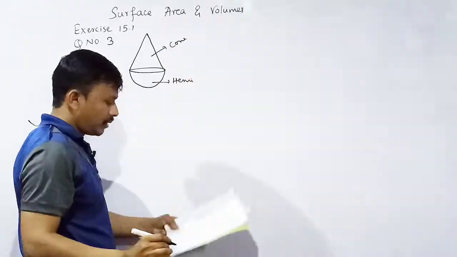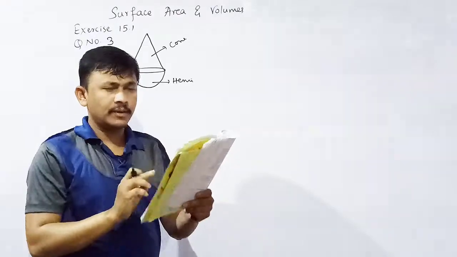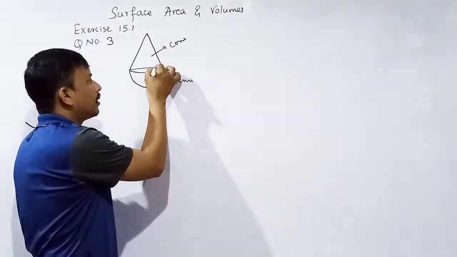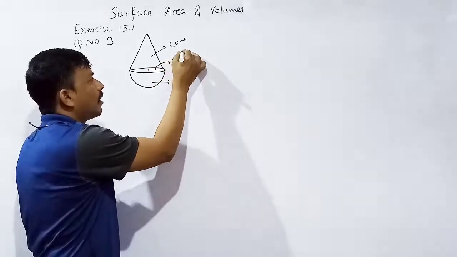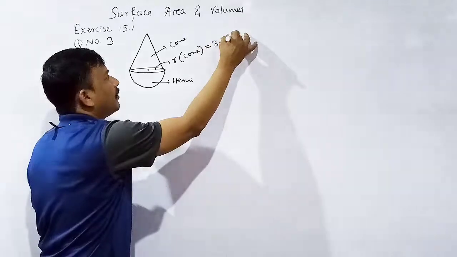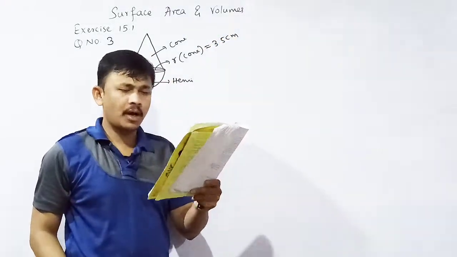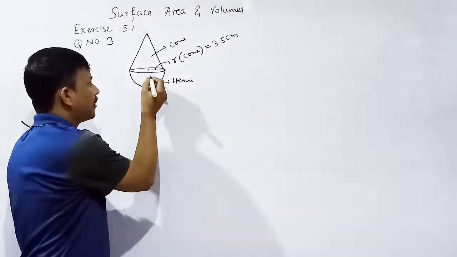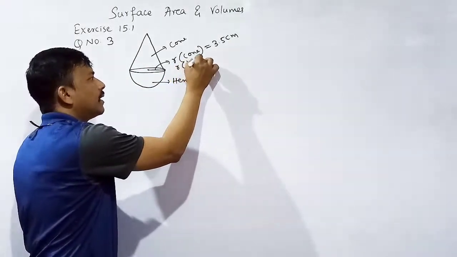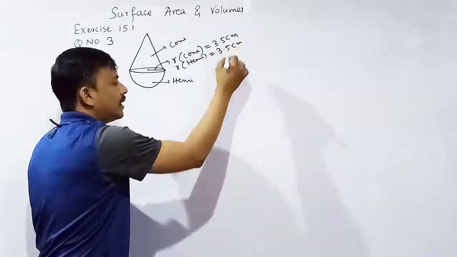Cone. What is the radius? 3.5. Okay, 3.5 is the radius of the cone. Radius of cone is equal to 3.5 centimeter, which is the same as that of the hemisphere. What is the radius of hemisphere? Same. Radius of hemisphere is equal to 3.5 centimeter only.